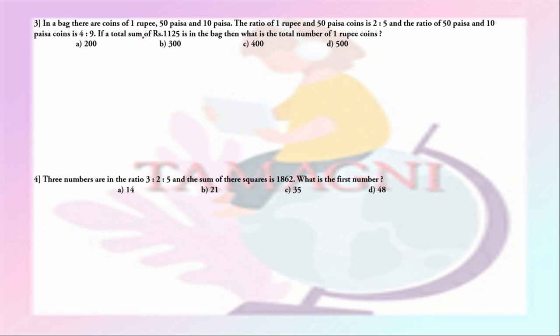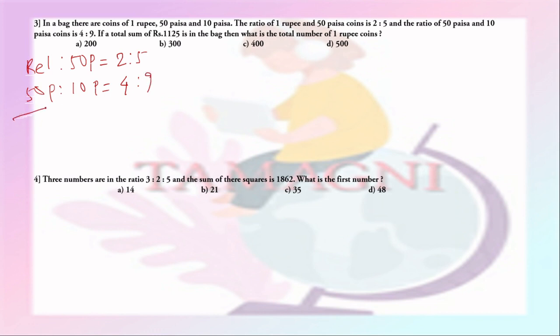First of all, we shall find the ratio of 1 rupee, 50 paisa and 10 paisa coins. Now it is given rupee 1 is to 50 paisa equal to 2:5, and 50 paisa is to 10 paisa is given as 4:9.